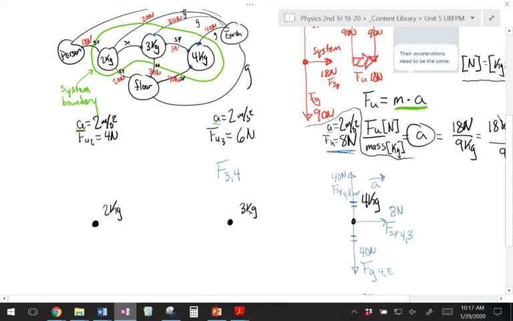All right. What I'm asking you to do in the pair deck right now is not draw the whole free body diagram for the 3 kilogram block. I'm only asking for the force that you think would be labeled 3,4, the force that the 3 feels from the 4.